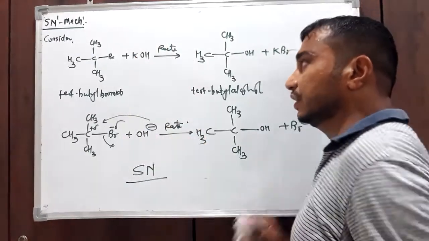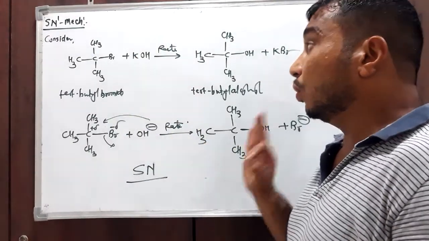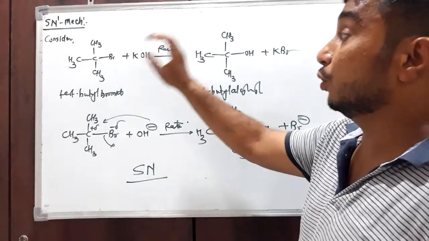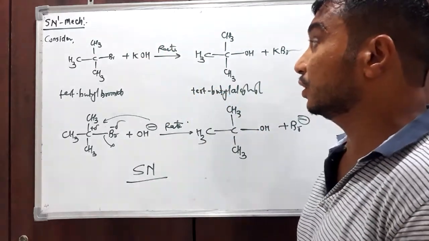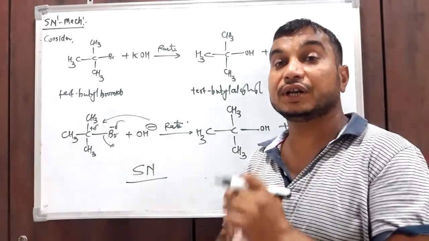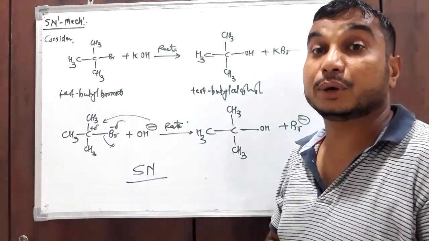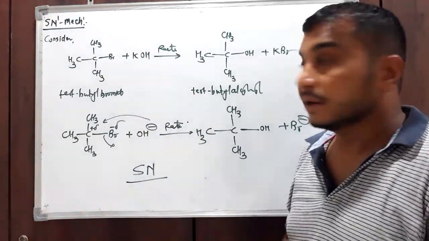Now, it is found that the rate of this reaction, the speed of this reaction, only depends upon the concentration of tertiary butyl bromide and is independent of the concentration of KOH or OH minus ion.